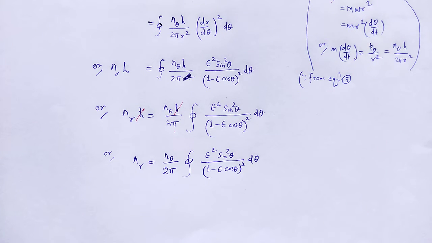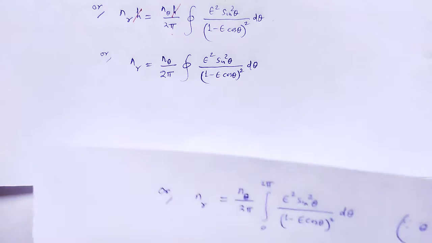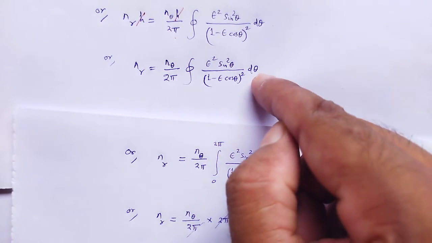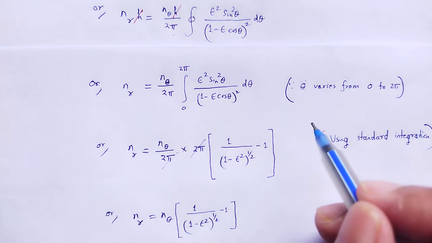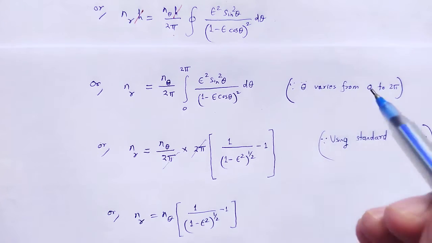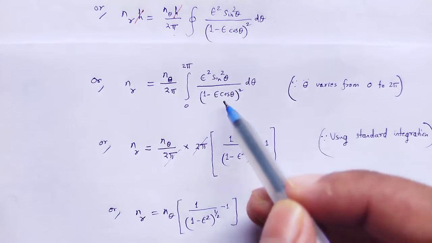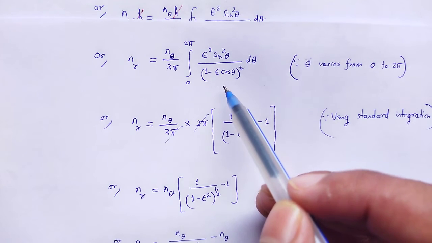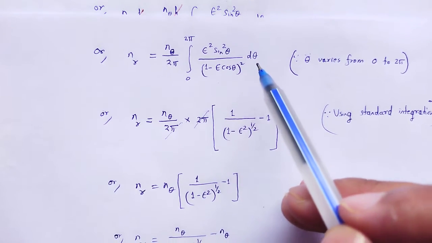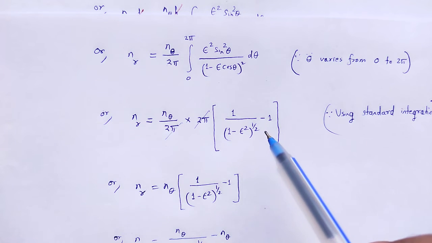Again, we solve it. For the closed curve, theta varies from 0 to 2 pi, so the limit of theta is from 0 to 2 pi. nr is equal to n theta by 2 pi, 0 to 2 pi, the usual integral, and that integral is in the form of a standard integral, so it can be evaluated using the standard integral formula.